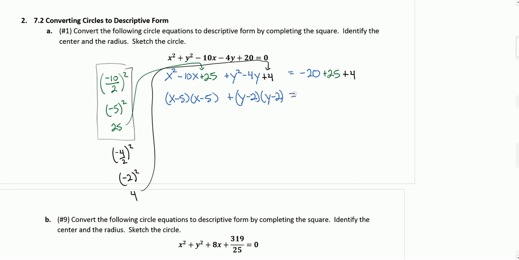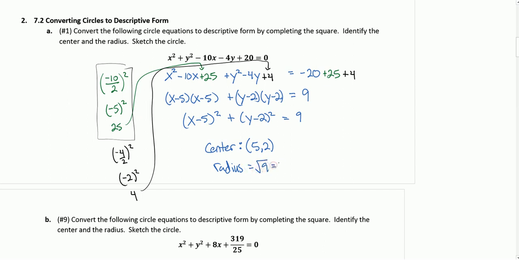So on the right side, negative 20 plus 25 is 5. 5 plus 4 is 9. So this is x minus 5 squared plus y minus 2 squared is equal to 9. So from our equation, we see that the center of our circle is at 5, 2, and the radius of our circle is the square root of 9, which is 3.